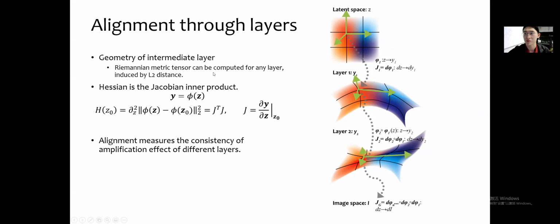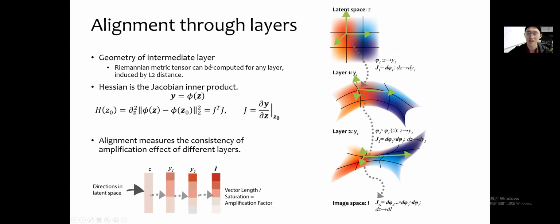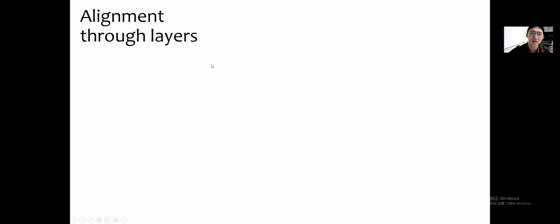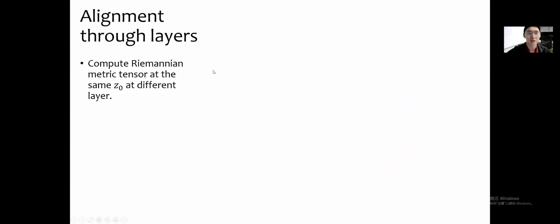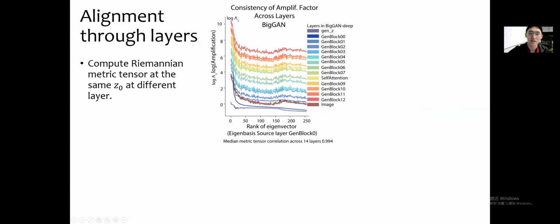By alignment, we mean how consistent is the amplification in different layers. So we compute the Riemannian metric tensor at the same Z0 at different layers. And we find that in the latent space, the directions that are strongly amplified by earlier layers are still strongly amplified by all other layers.